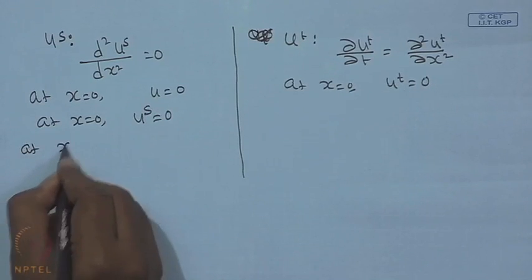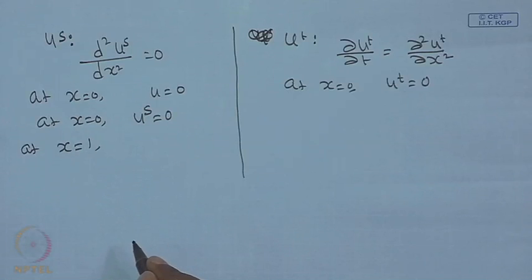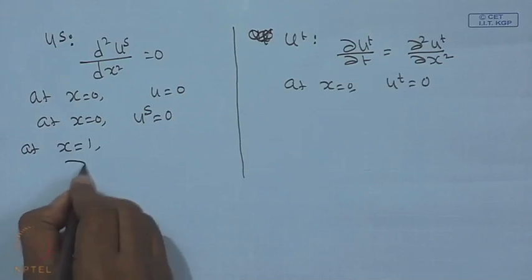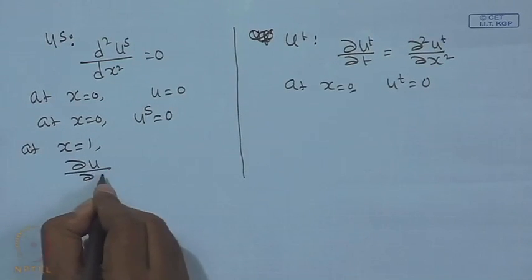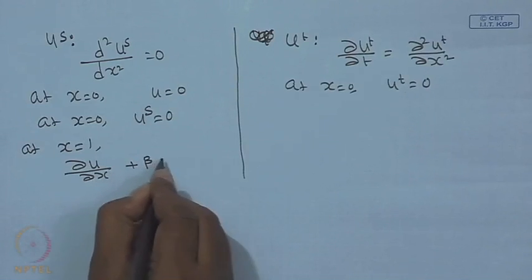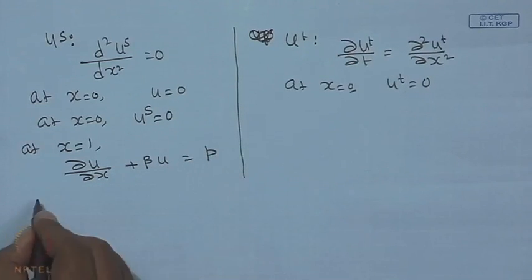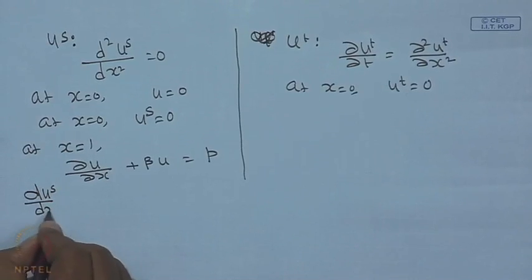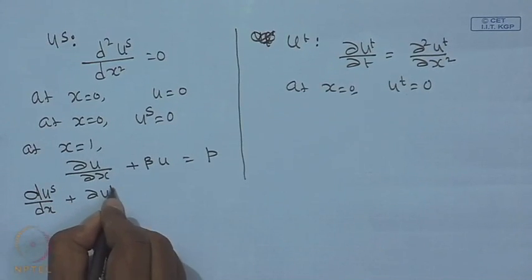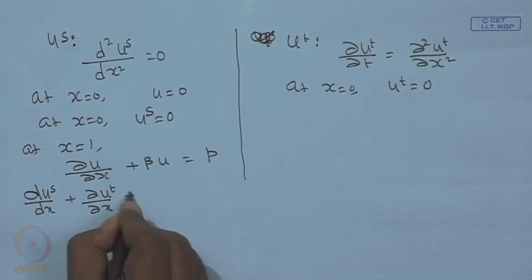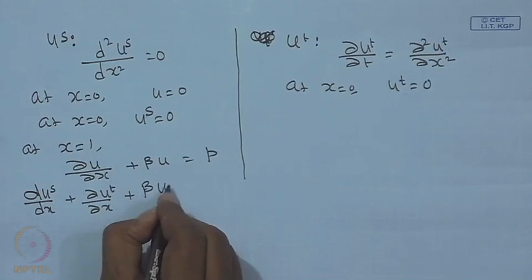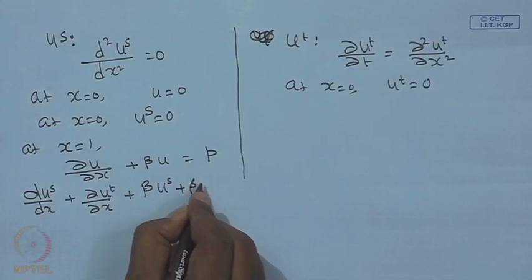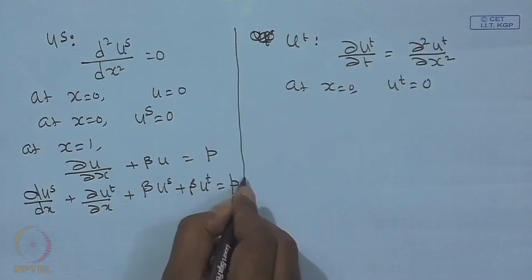On the other hand, the non-homogeneous boundary condition at x is equal to 1, the boundary condition of the mother problem was del u del x plus beta u is equal to p. So, what we can have is d u s dx plus del u t del x plus beta u s plus beta u t is equal to p.